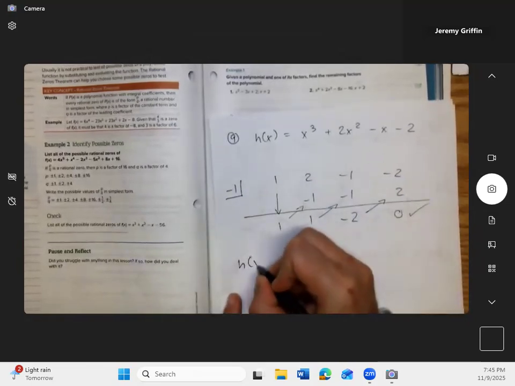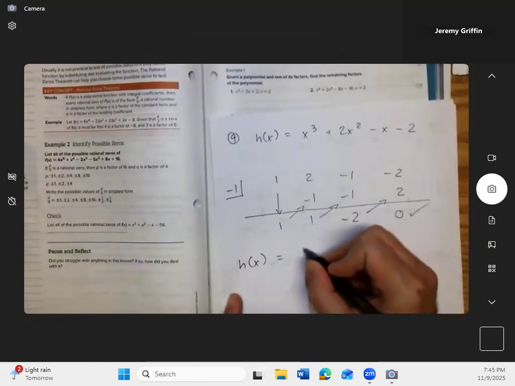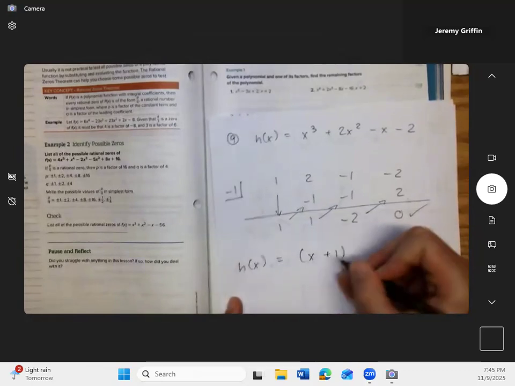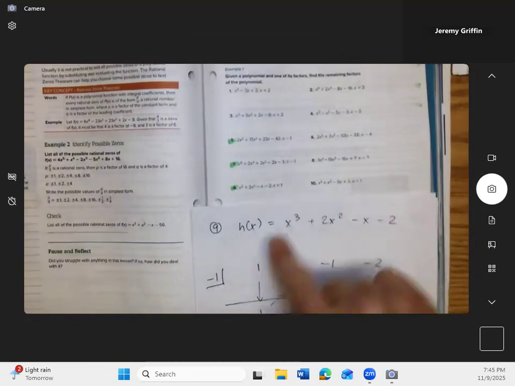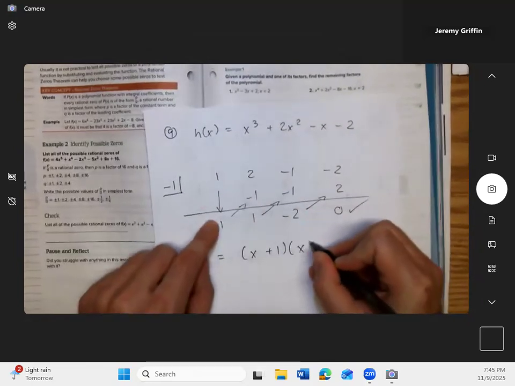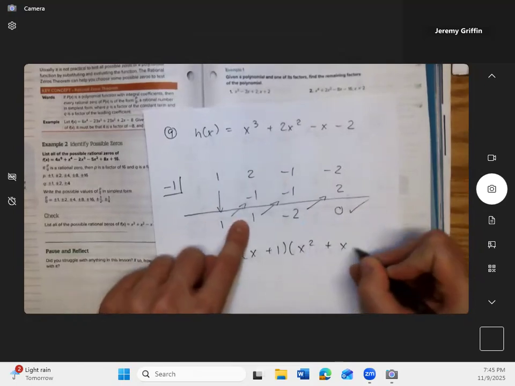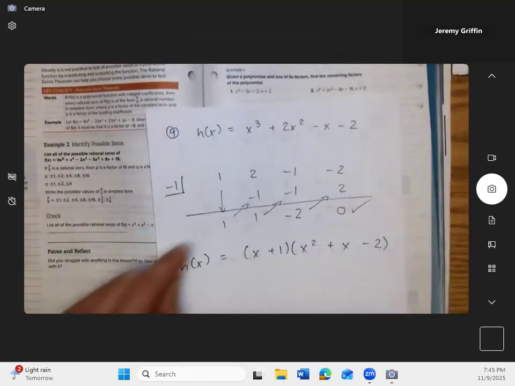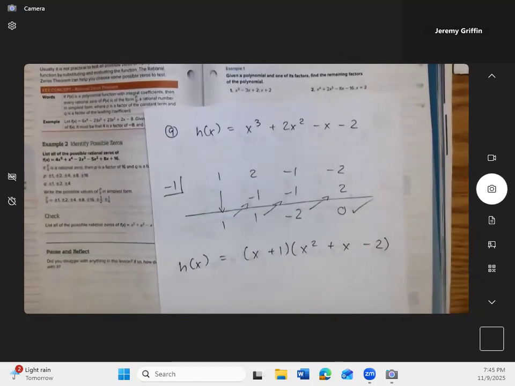So I could say h of x, therefore, is x plus 1, of course, because they told us it would factor out and I tested it, and it did. And what I'm left with is x squared plus x minus 2. Just like that. Okay. Now, will that factor? How about this?